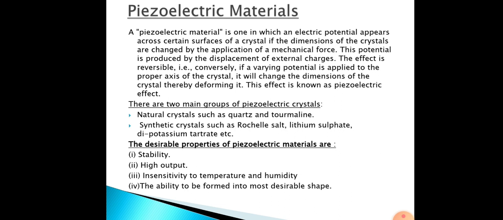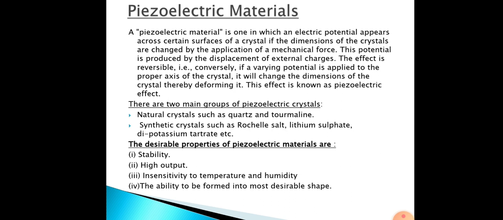Then next one is piezoelectric material. Okay, so this piezoelectric material is one in which an electric potential appears across certain surfaces of the crystal. If the dimension of the crystals are changed by application of mechanical force, the potential is produced. So here what will happen, whenever we apply some mechanical force, the potential will be produced by the displacement.